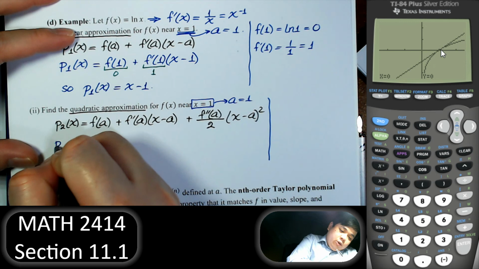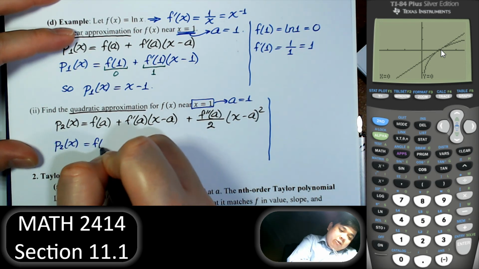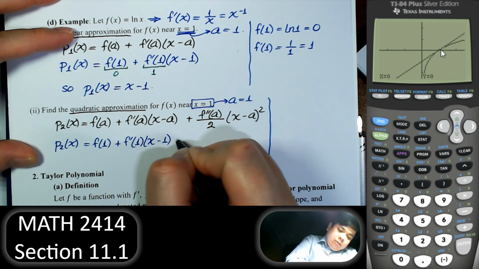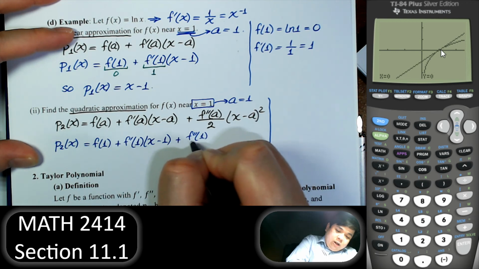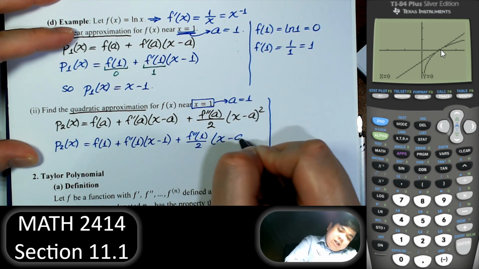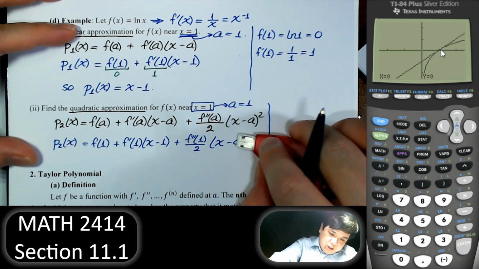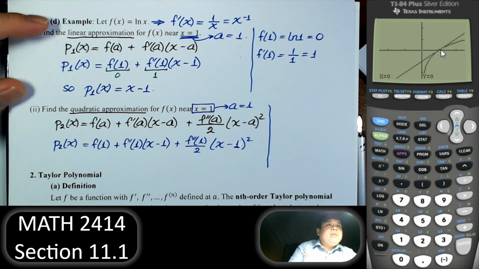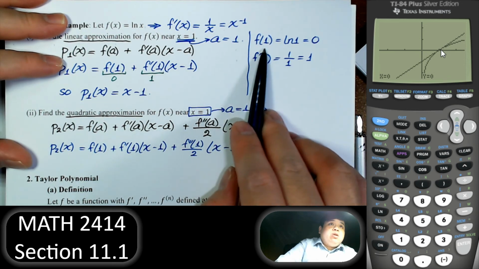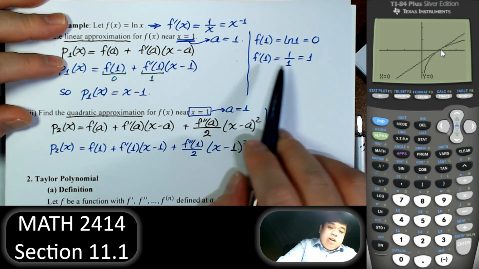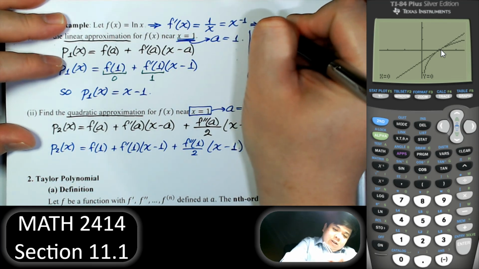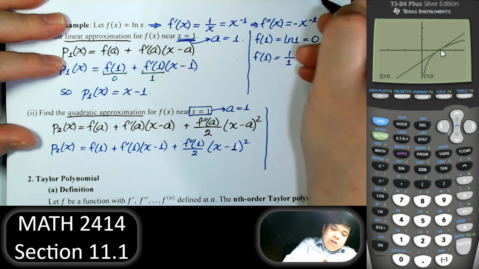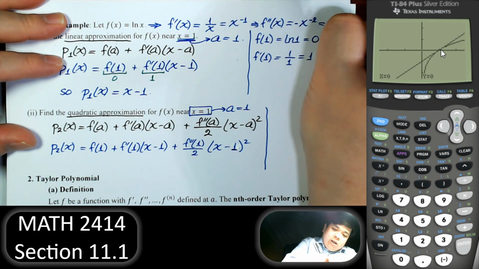And in this case, once again, a is equal to 1. So P2 of x equals the value of the function at 1, the derivative at 1, and the second derivative at 1 over 2 times x minus a squared, where a is 1. The function value is 0, the derivative equals 1, and the second derivative of x to the negative 1 is negative x to the negative 2, or negative 1 over x squared.